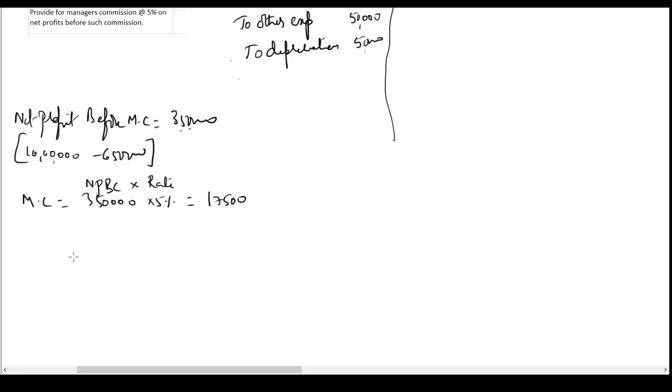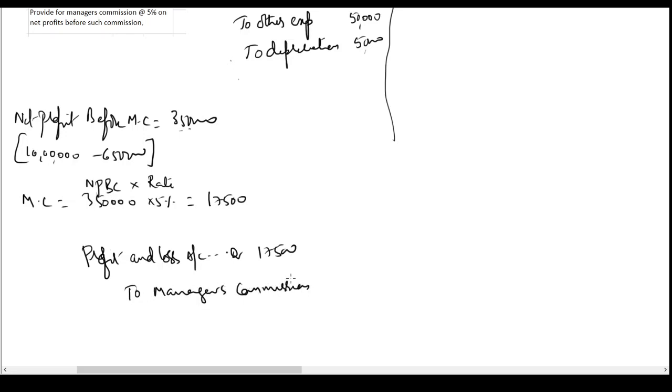Now that means a part of the profit has to be set aside to pay the management some commission. So the entry would be profit and loss account debit 17,500 to manager's commission payable account.